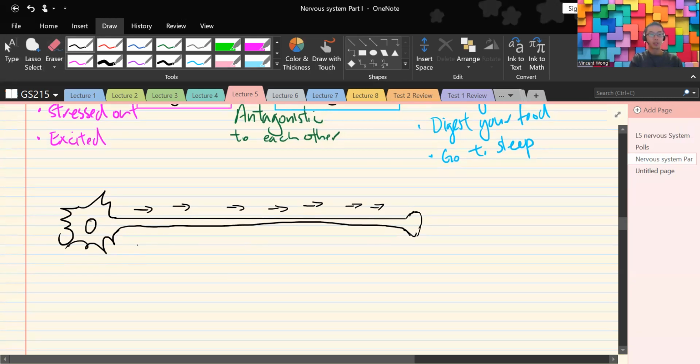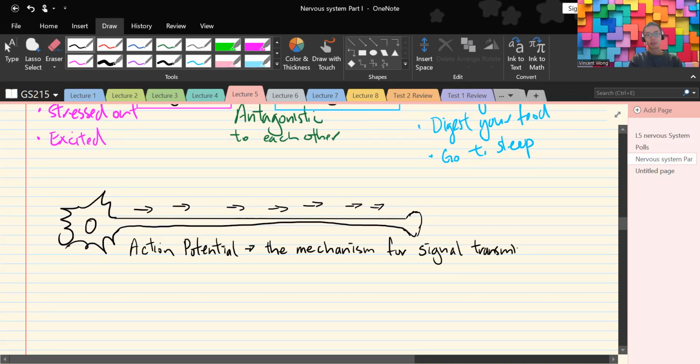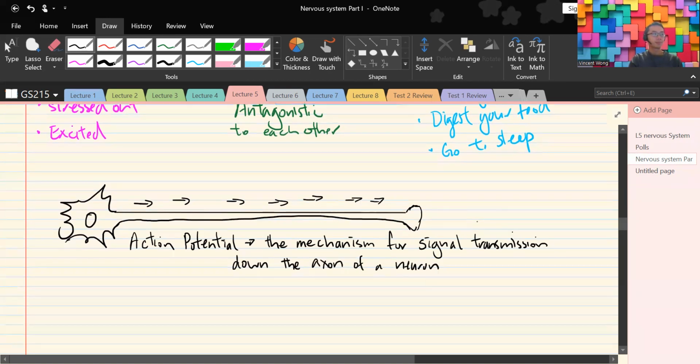So we're going to learn about something called the action potential, which is basically the mechanism for signal transmission down the axon of a neuron.